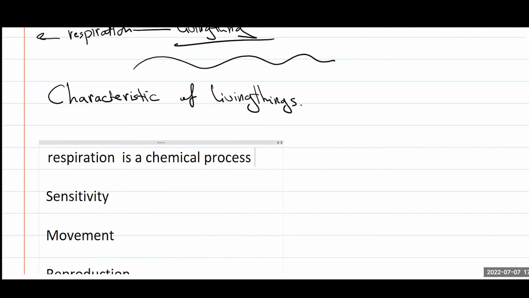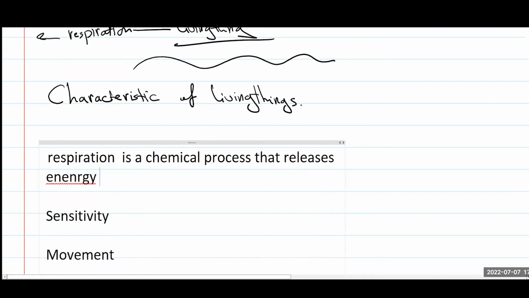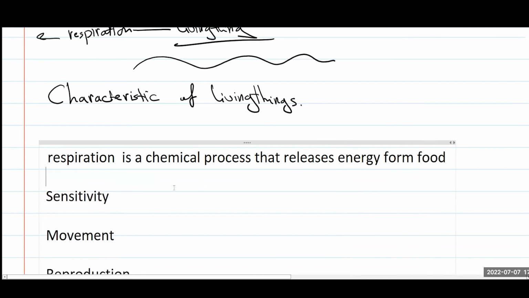Chemical process to do what? That releases energy from food, or chemical reaction that is used to release energy from food.